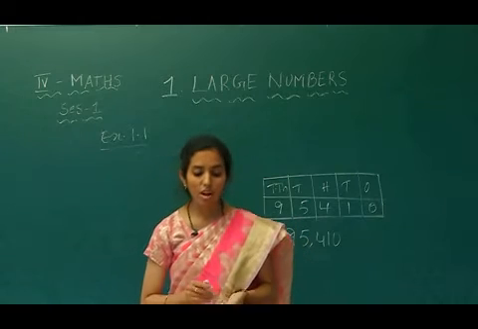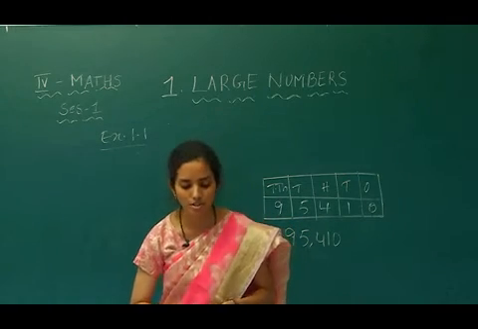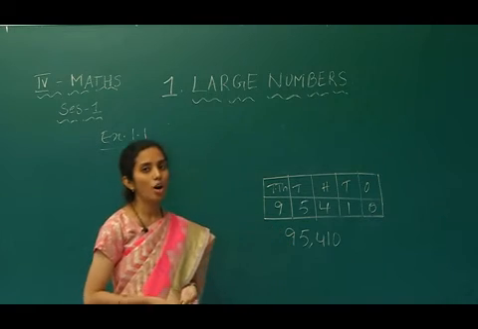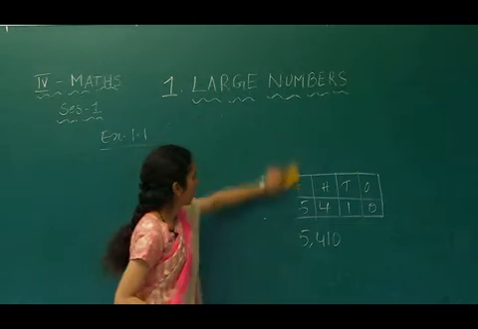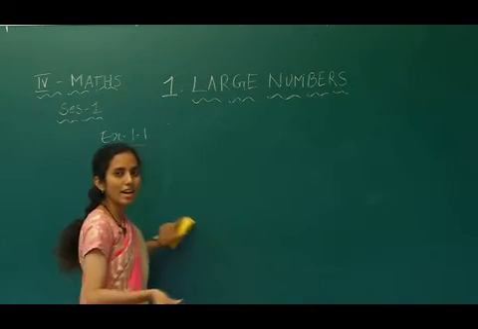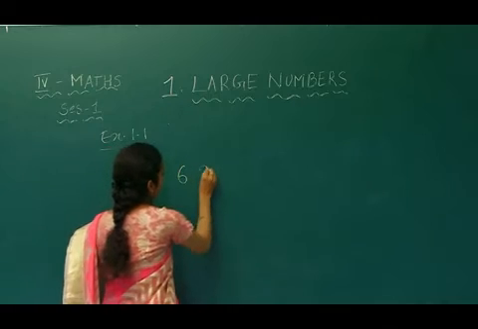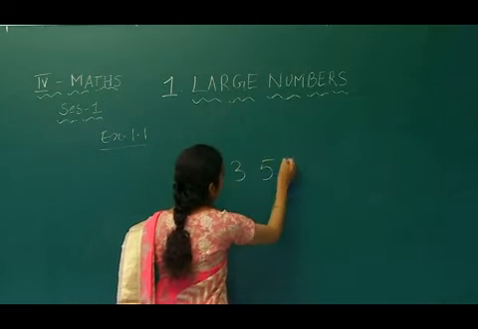Now, how do we count the place values? Counting of place values is also very easy. How do we count the place values? Let us take an example that is given in the textbook and understand it clearly. 6, 2, 3, 5, 9.